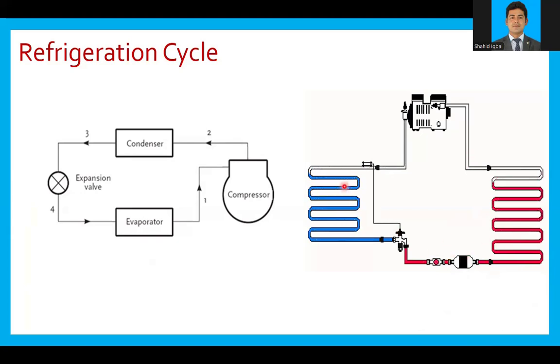Here is evaporation. The fourth stage of the vapor compression cycle is evaporation. It is performed with the help of the evaporator, and the refrigerant absorbs heat from the surroundings in the evaporator, turning back into a gas.